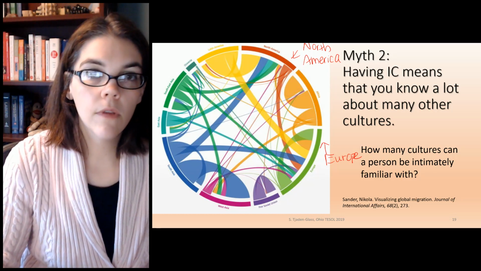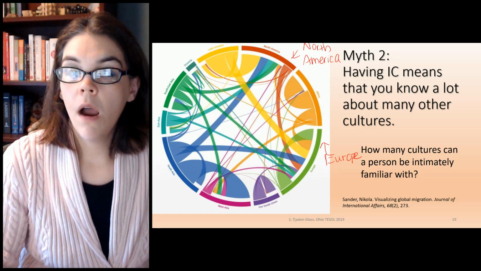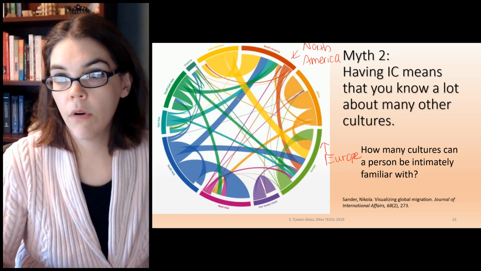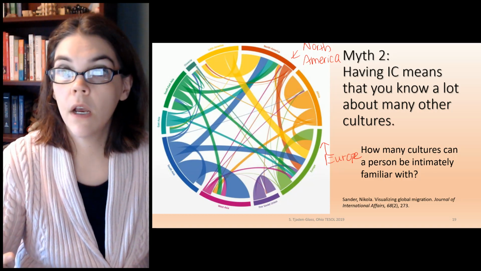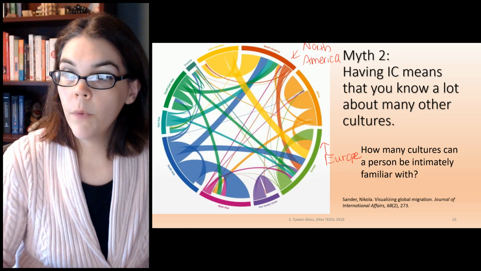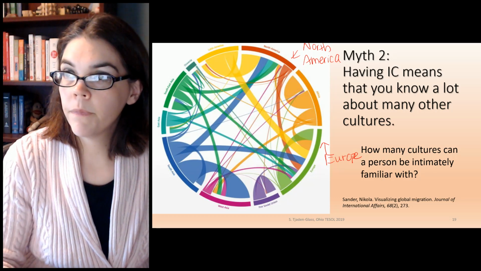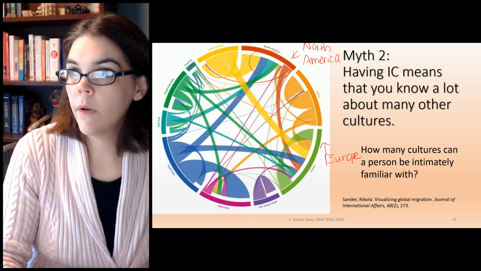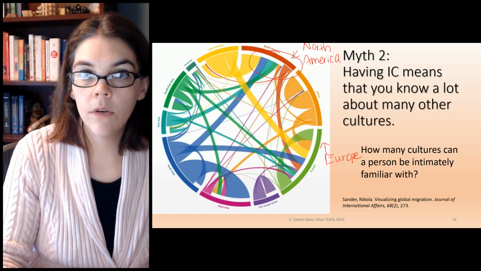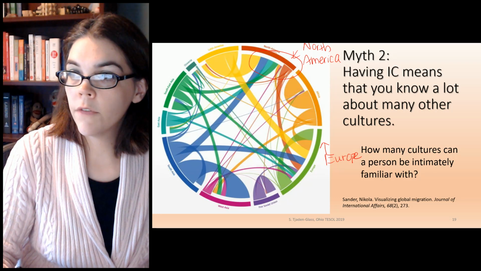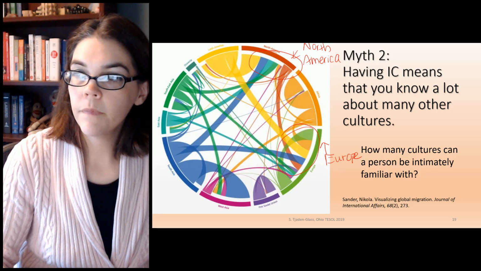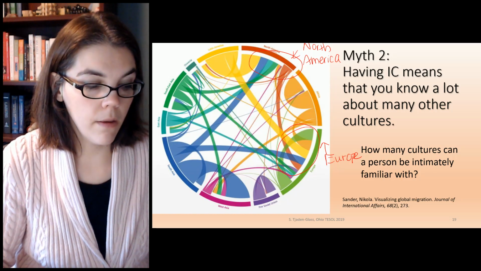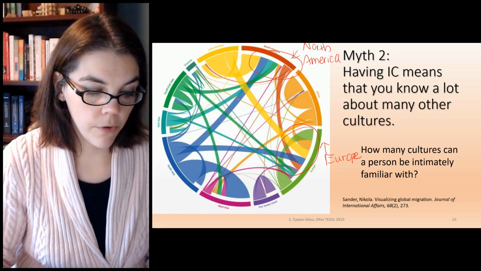What this graph is showing are migration patterns from one continent to another, or from one part of a continent to another. So we can see that the United States, Canada, North America, and also Europe is still the top place for migrants to move to.